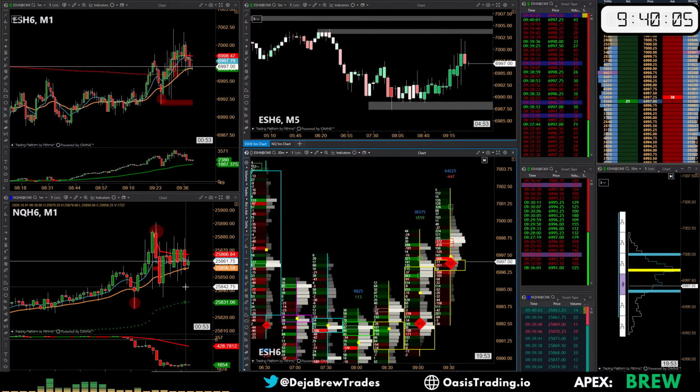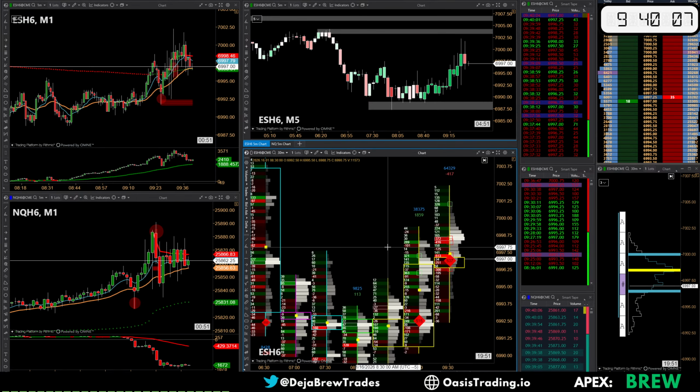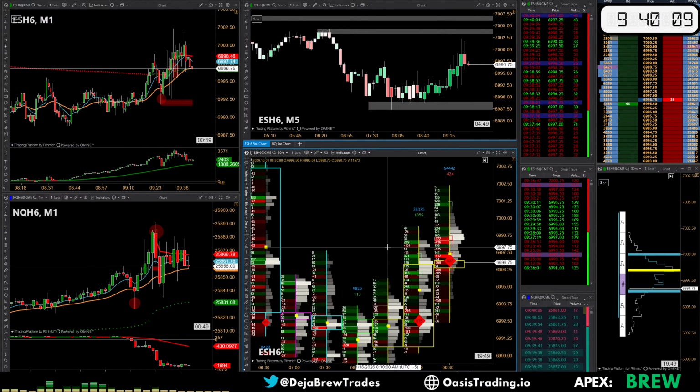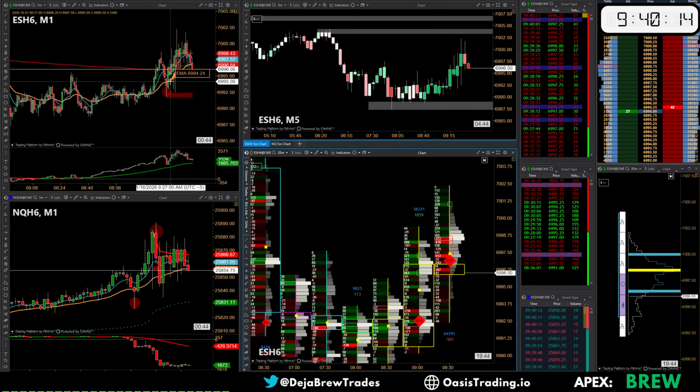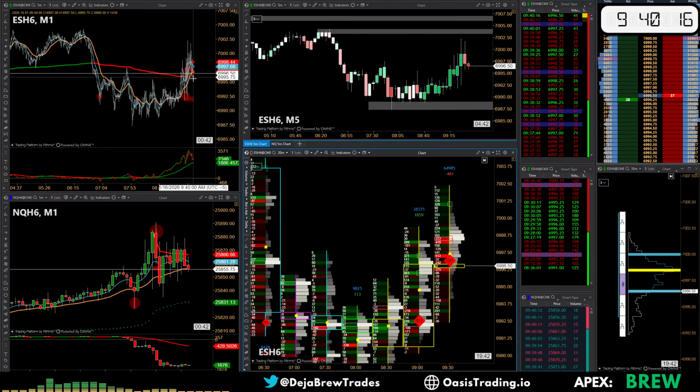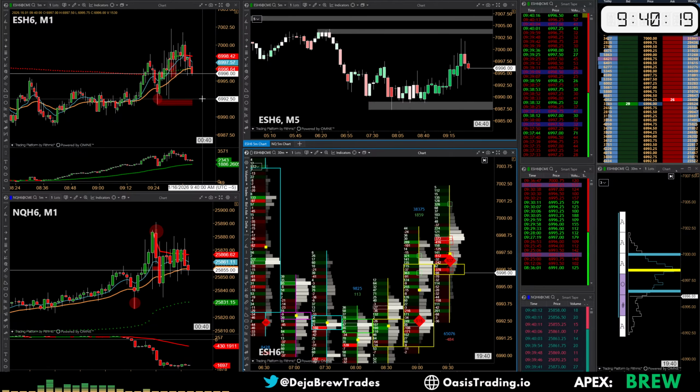Still putting in higher lows. Seems like those buyers are protecting VWAP. We are just glued to VWAP on ES right now at 96.